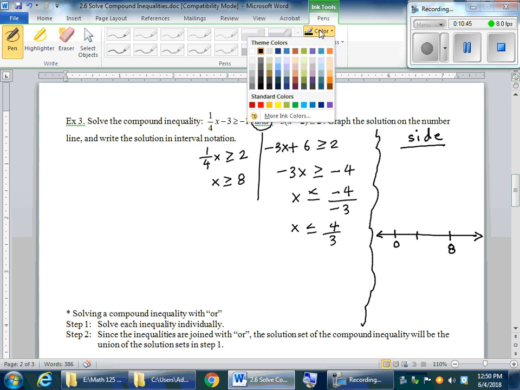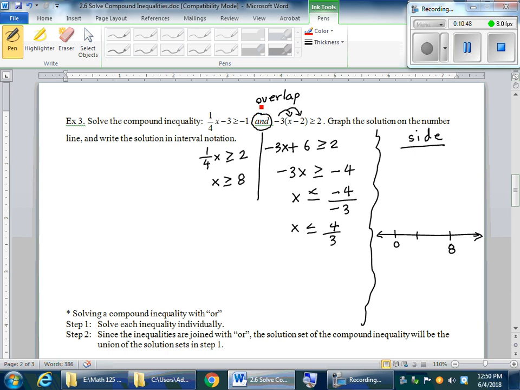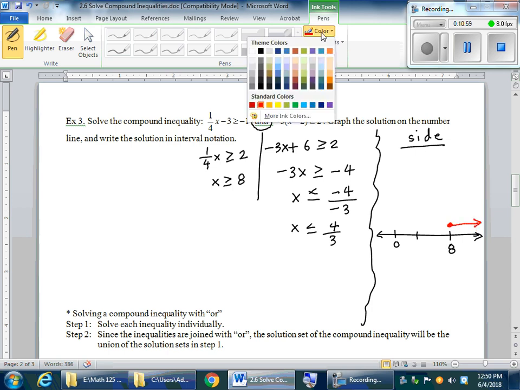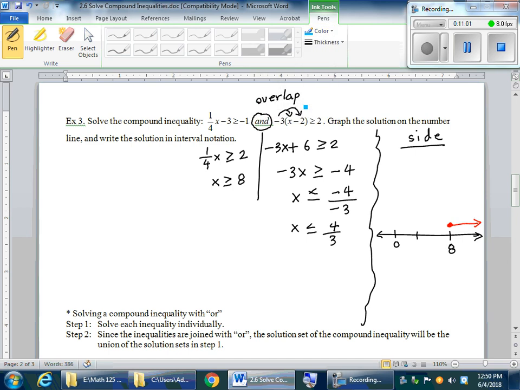For the first part, x is greater than or equal to 8, so it'll be a closed circle going in this direction. Then the second inequality said that x is less than or equal to 4 over 3, so here's 4 over 3, and less than or equal to, so again, a closed circle going in this direction.